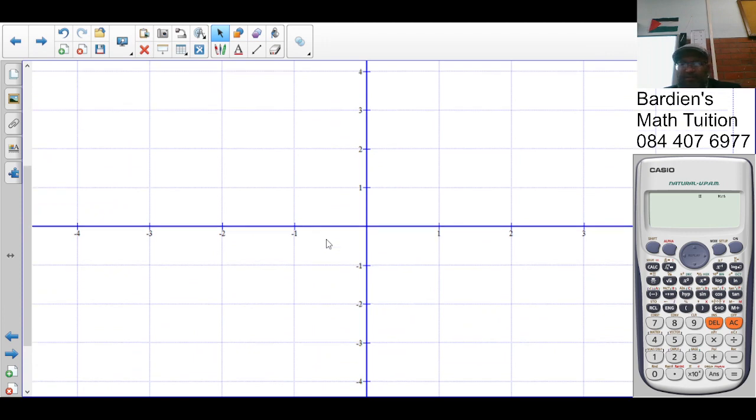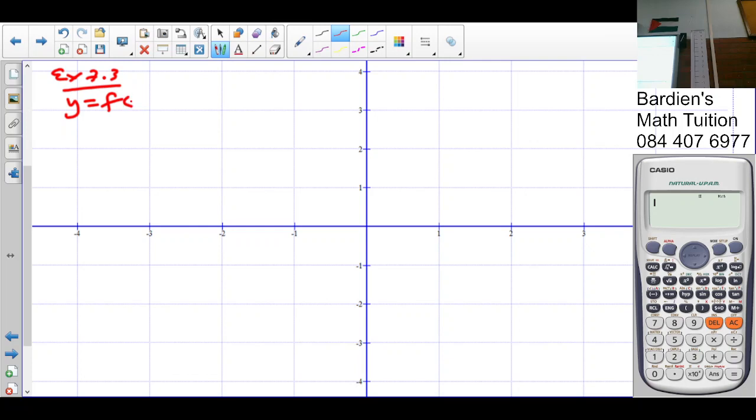So just looking at the first graph, what was the equation of the first graph? f(x) equals x. So what's the gradient of this line? 1. You remember the form y equals mx plus c.